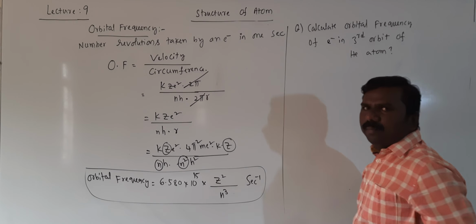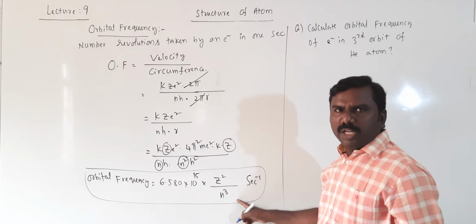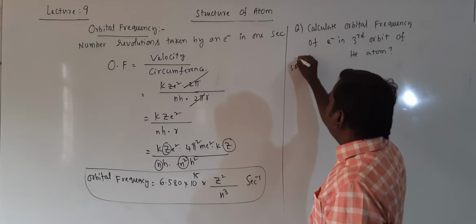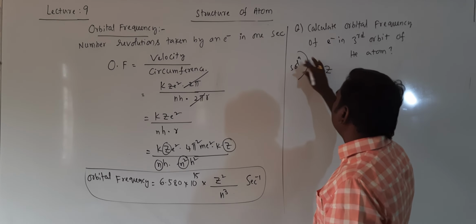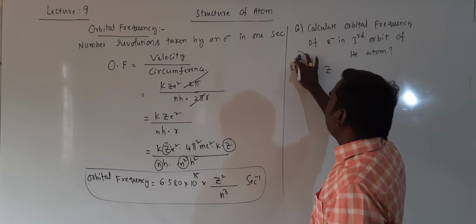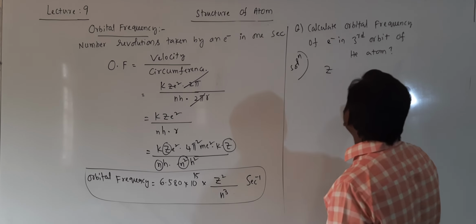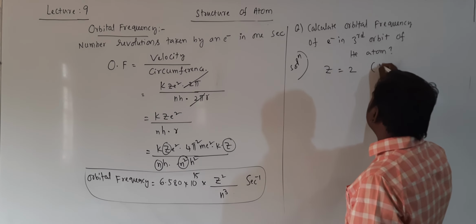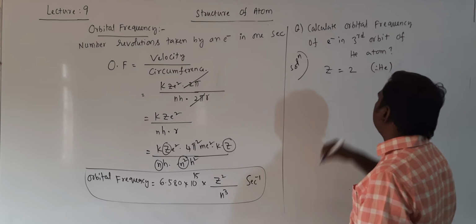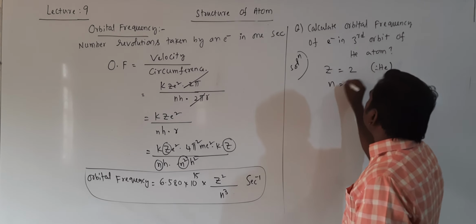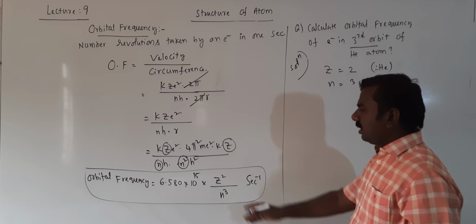Like this they will provide. This is our formula. The solution: Z for helium atom is 2, because it is helium, and n equal to third orbit, that is 3. Substitute Z and n.